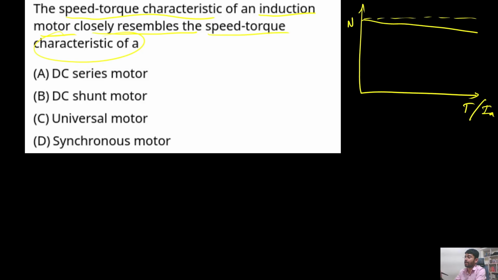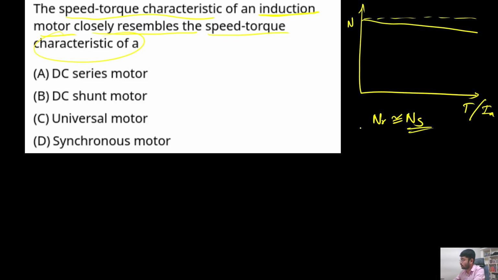Most of the time in an induction motor as well as in the DC shunt motor, the rotor speed is almost equal to the rated speed Nr, and both are similar to each other.